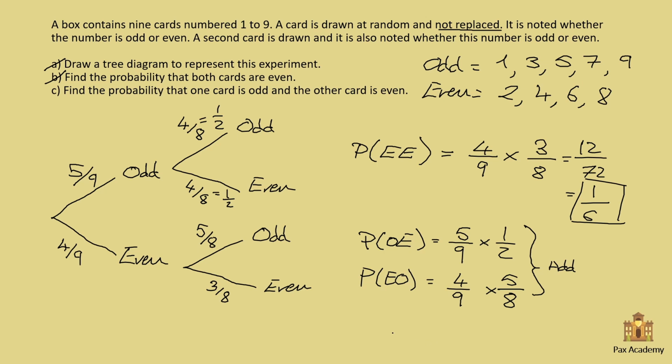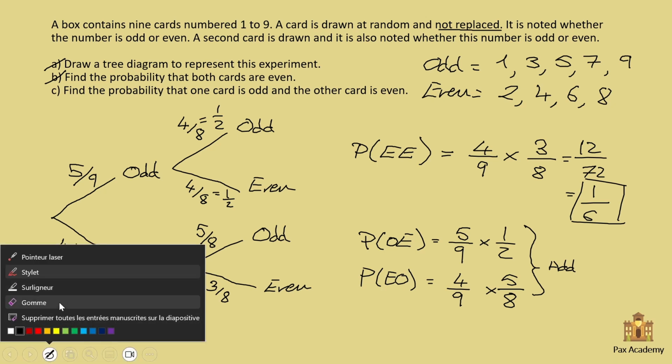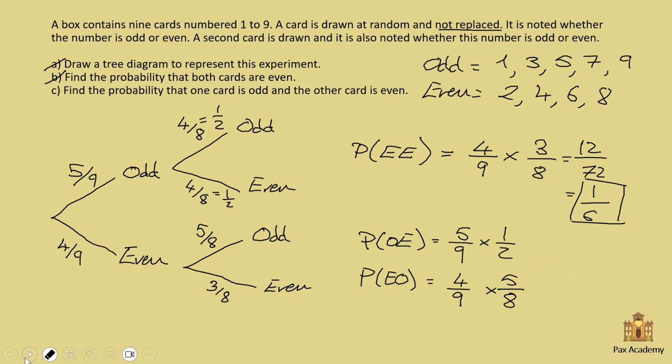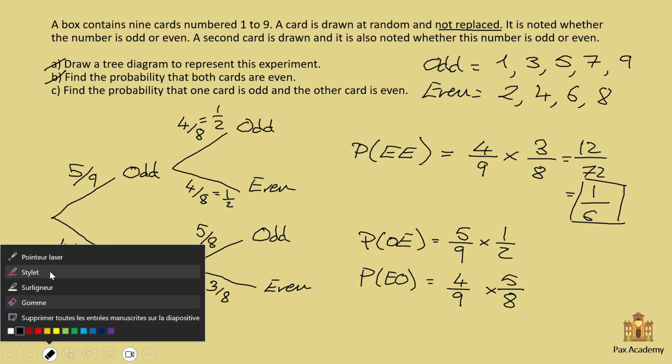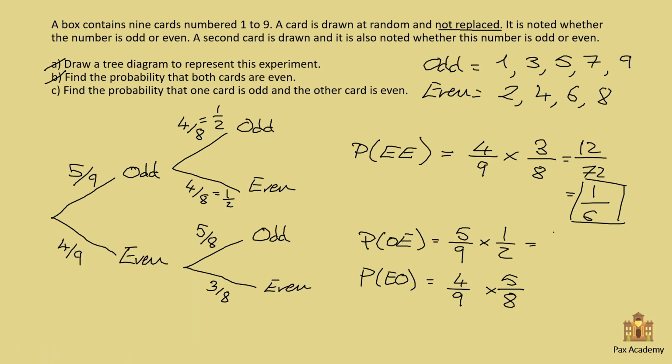The first one, the probability of getting an odd and then an even. Actually, let me write this down like this. So this is going to be 5/18. And then this is going to be 20/72.